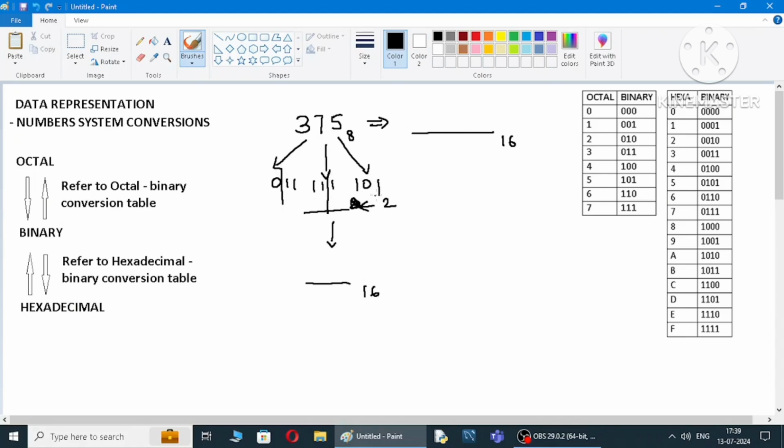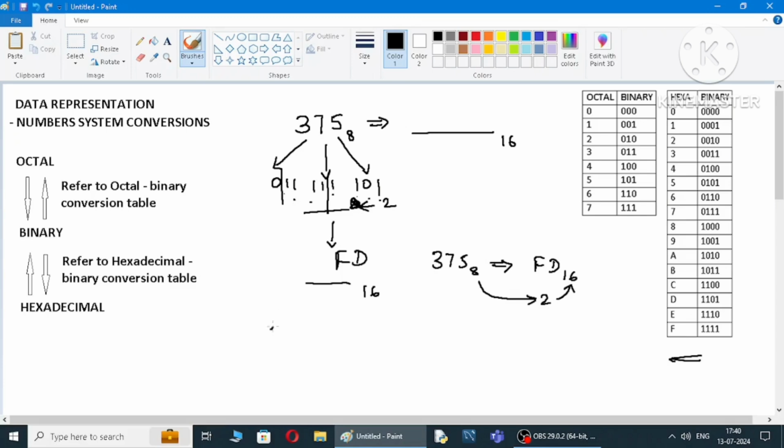So divide this into 4 bits. 1101, referring to this tabular column, stands for D. 1111 stands for F. So 375 to the base 8 is equal to FD to the base 16. So whenever you convert octal to hexadecimal, first convert to binary and then to hexa.